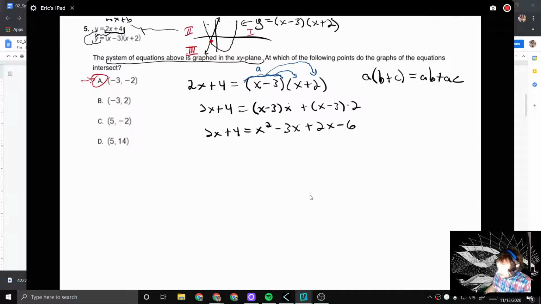Nice. Look at that 2x and that 2x. Whenever that happens, I can subtract 2x from both sides. Get rid of them. I'm going to move this 4 over to the right. So I have 0 equals x squared minus 3x minus 10.